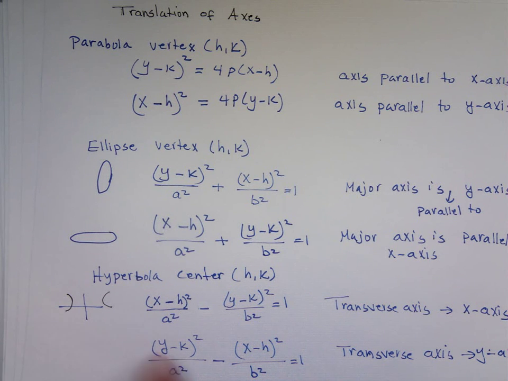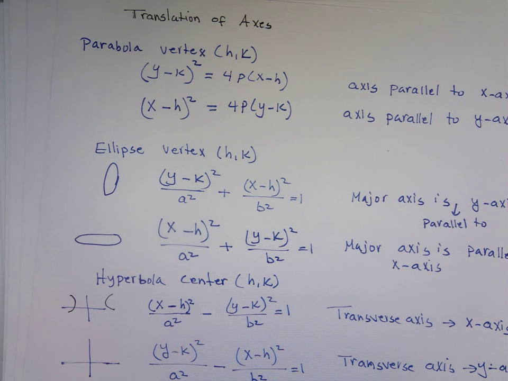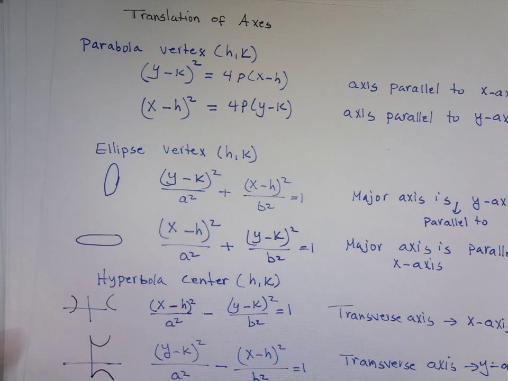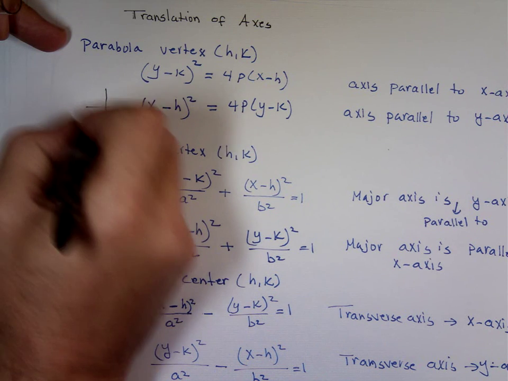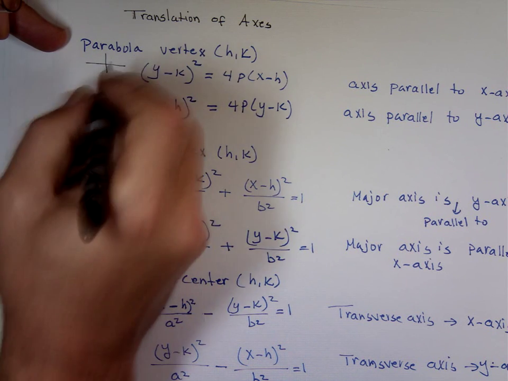And when y is positive, the graph is going to be which way? Up and down, right? And again, the center could be anywhere. For this one, the graph will be upward or downward here. And for this, the graph will be left or right.